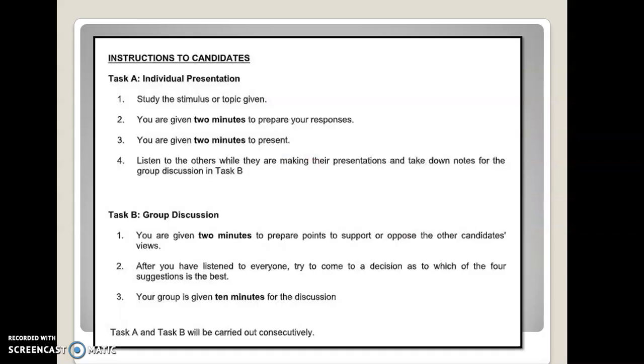This will be the instruction for the assessment. Let's take a look at it one by one. Task A, individual presentation. First of all, you need to study the stimulus or topic given. Remember, the question paper will be given to you on the day of the assessment. After that, you are given 2 minutes to prepare your responses, and then later, you are given 2 minutes to present.